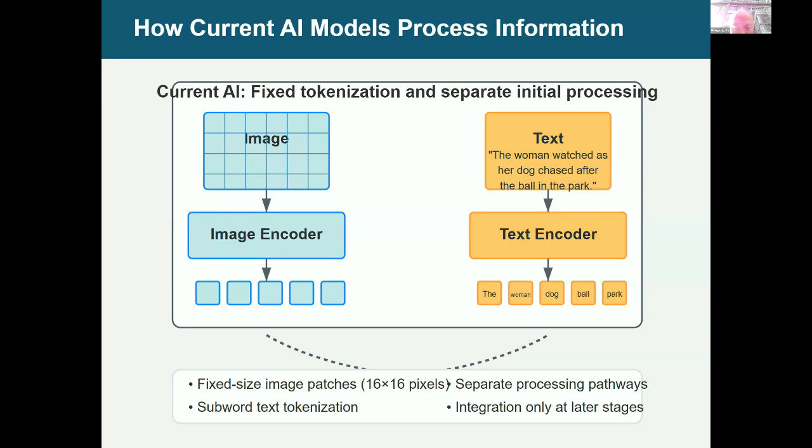The key point here is that each modality, text and image, is processed separately at first, with integration happening much later in the process. This approach is quite different from how humans process information, and it creates some significant limitations.